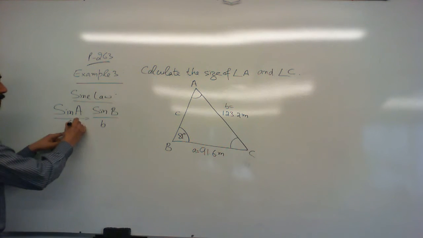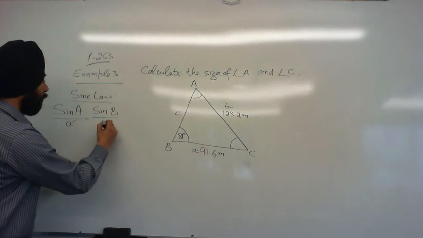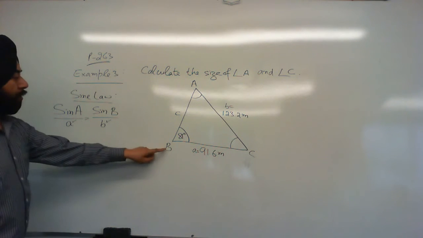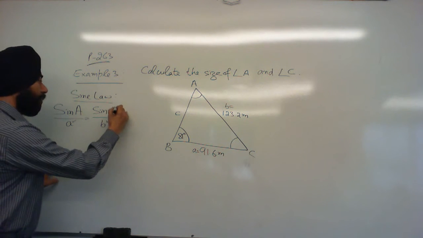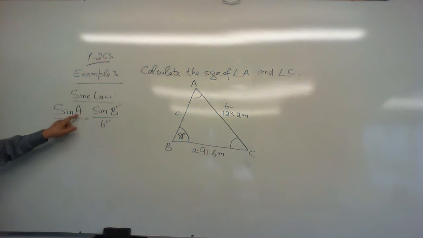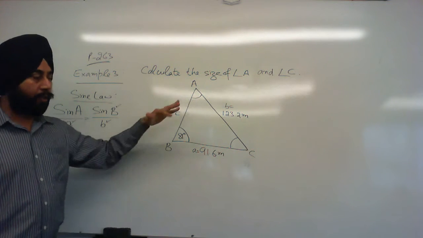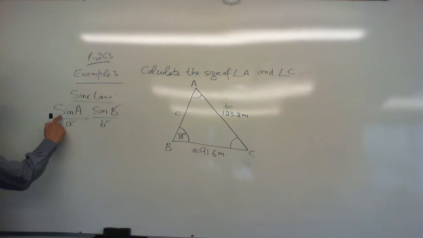So we know this. Small b is also known. We know this. Angle B is known. That means we know this also. This is the only unknown. That means using this formula, you can find angle A, which will be this. Right? So let's use this formula now.